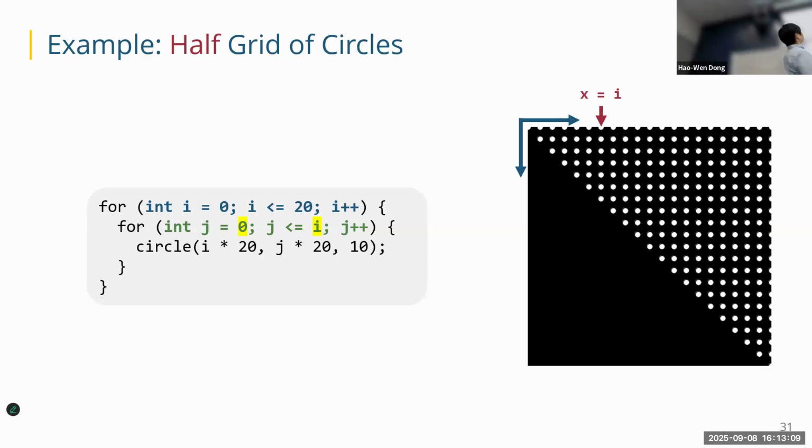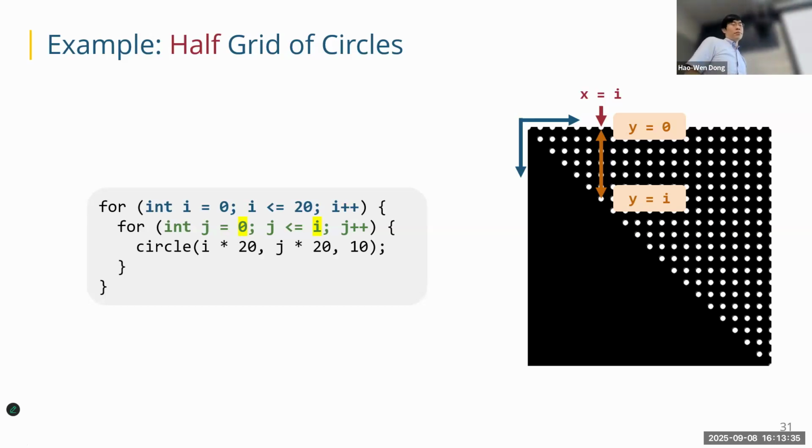Imagine that at some point now we have x equal i. Now, instead of going from 0 all the way to 20, we just go from 0 to i. So we only get y equals 0 to y equal i. And then the same here. y goes from 0 to, say, 18, 19, 20, so that you can get that half upper right part of the circles.